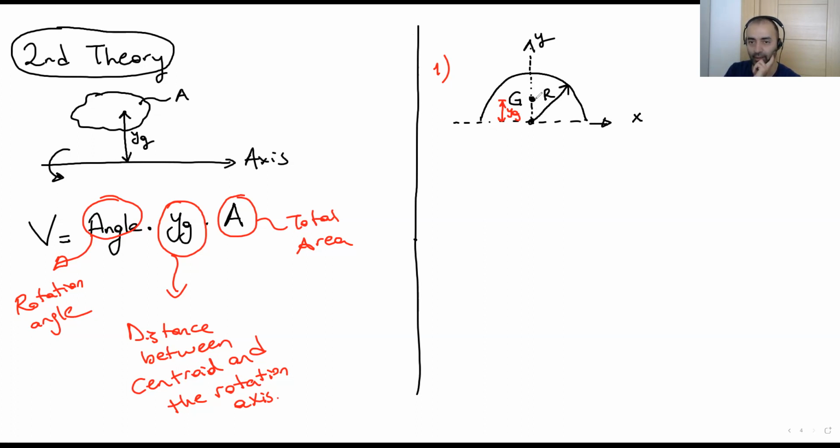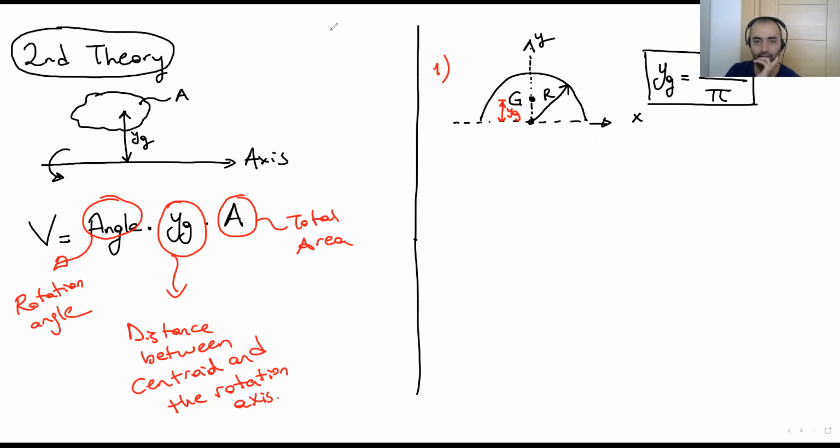There is no problem to find it in the X direction, but the important one is to find it in the Y direction. Where is this location? So YG is here. Two times R, the radius, over pi. This is for a half circle wire.